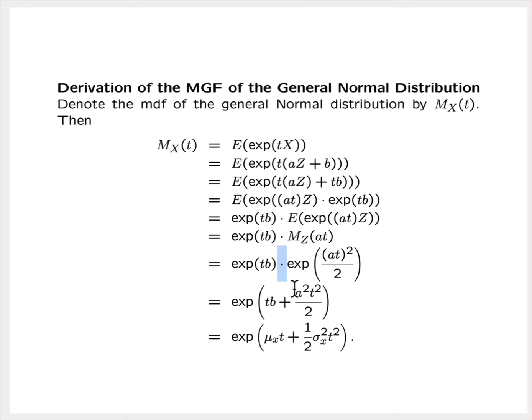We're multiplying, and so we can use properties of exponents. The exponents add in this case. And so this is the final form for the expression for the moment generating function for the normal distribution with a mean of mu and a variance of sigma squared.